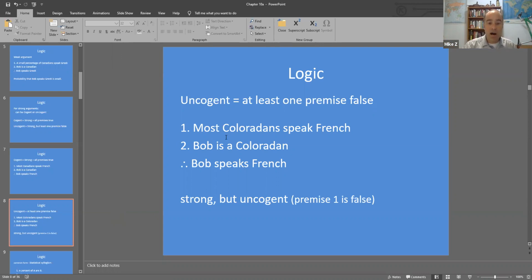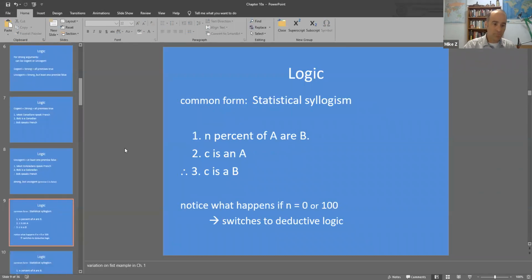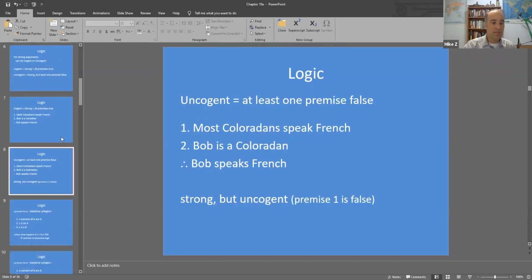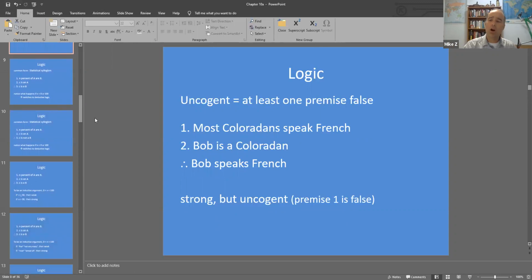So although on its own, this is a strong argument, if it were true that most Coloradans speak French and that Bob is a Coloradan, then it would give us extra confidence that Bob indeed does speak French. So it's a strong argument. It just is that the first premise is actually false. And so while it's strong, it fails to be cogent. So it's uncogent.